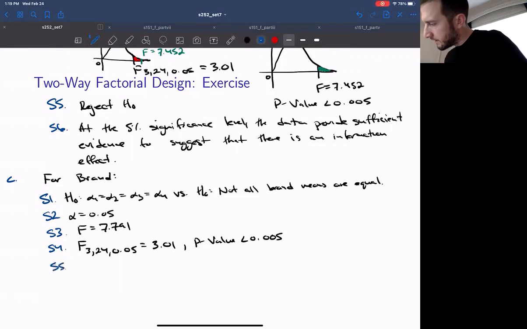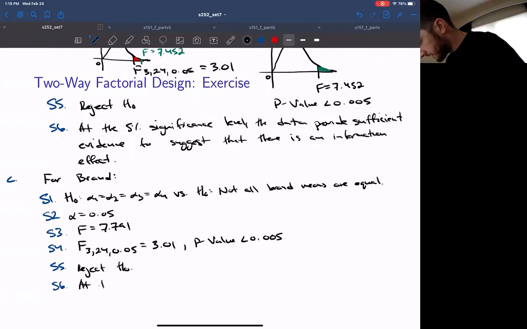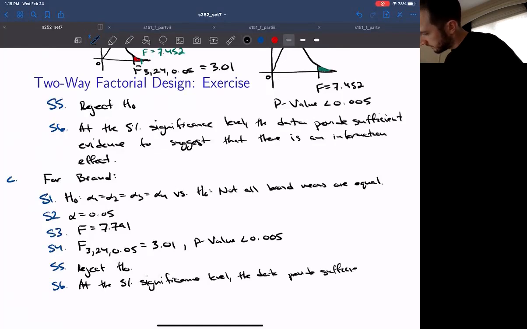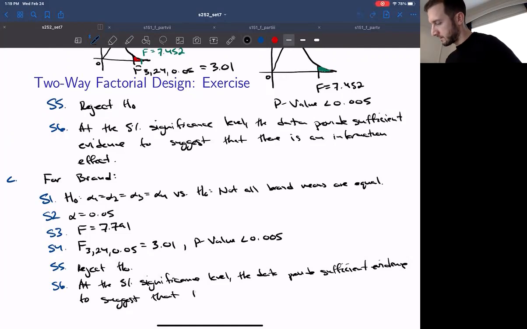Then we will reject H0, and we will say at the 5% significance level, the data provide sufficient evidence to suggest that there is a brand effect.